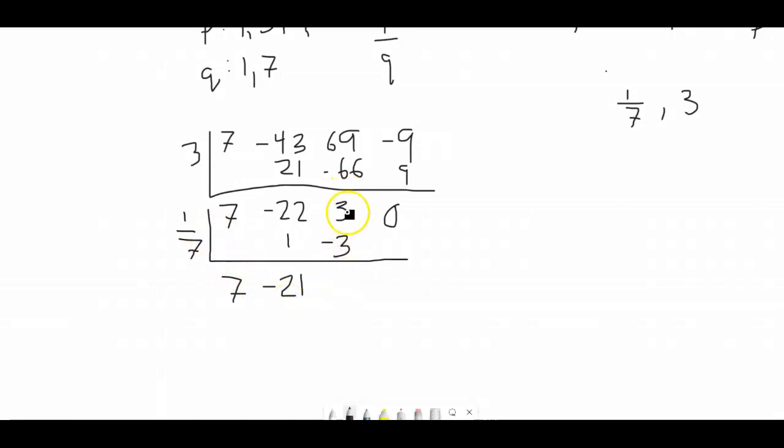And add those together, and we're going to get a 0. So now we went from a 2nd degree to a 1st degree. So this is just 7x minus 21. So far, I have the 3. So the factor that fits with the 3 is x minus 3. And then I'm going to have the x minus 1/7.